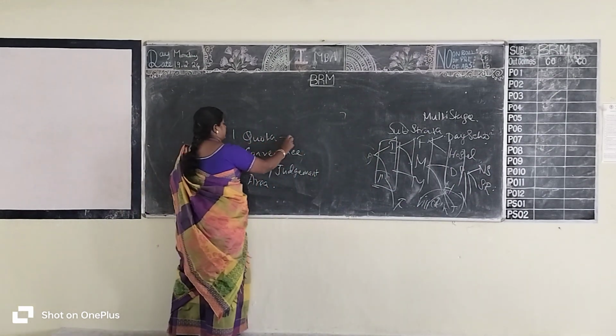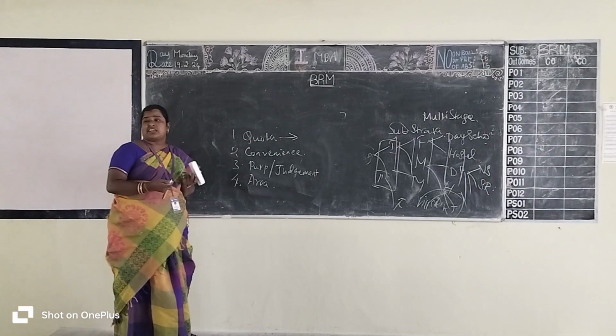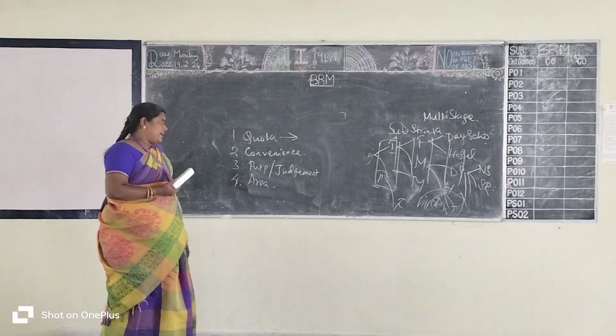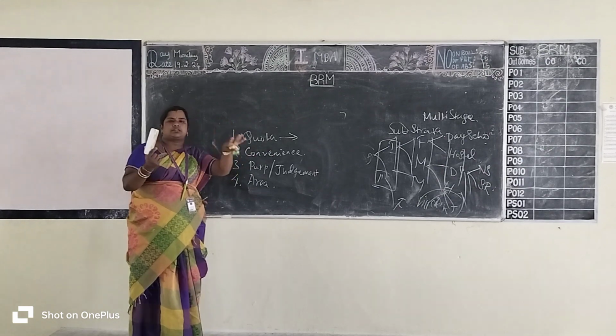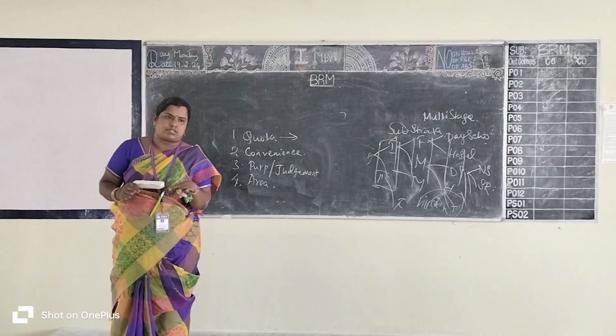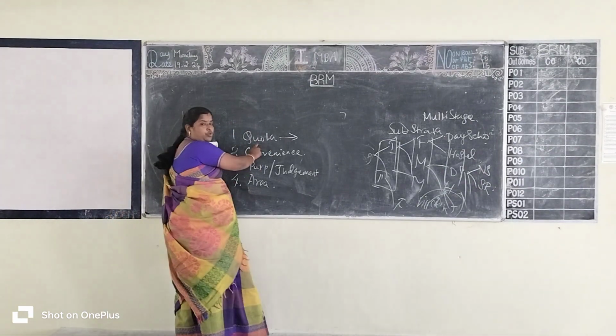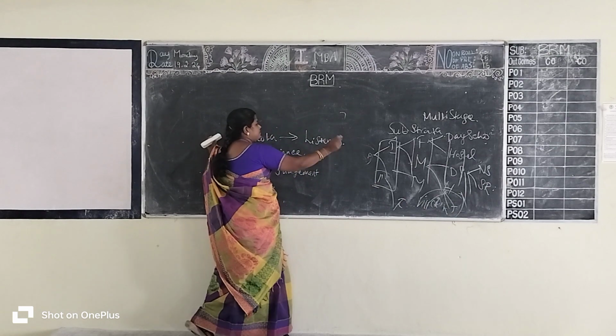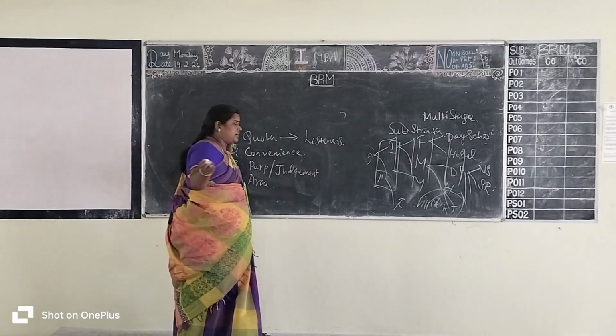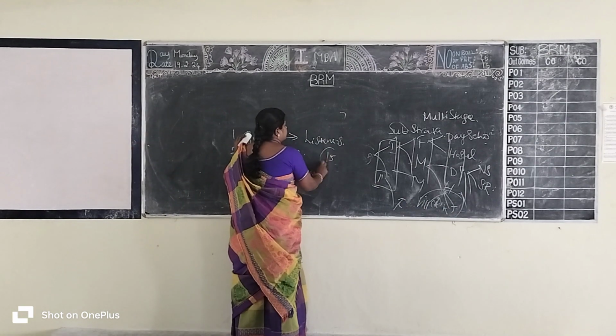So the first one is quota: making a reservation that I am expecting the response only from the person who is listening to the class very well. So I am making a quota reservation as listeners, good listeners. So simply I am omitting others: out of 45 in the class, only 15 are listening.